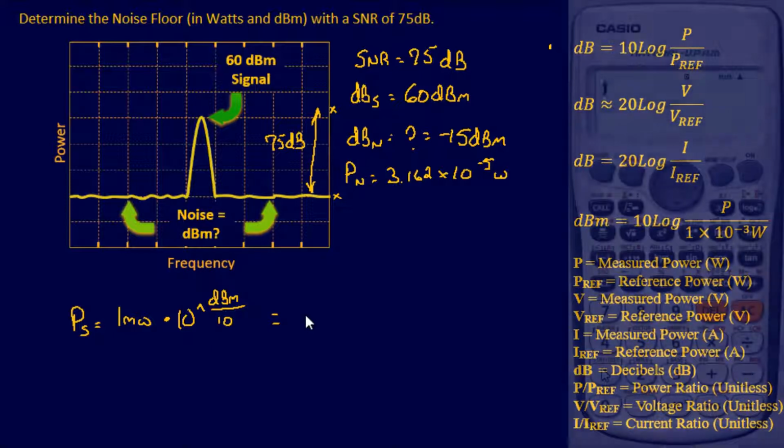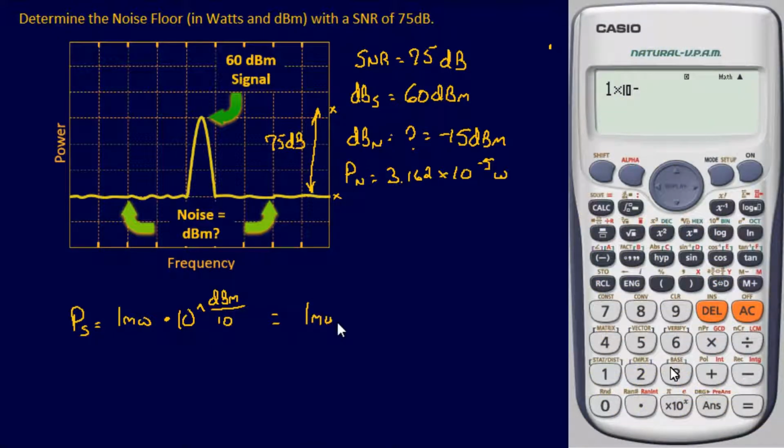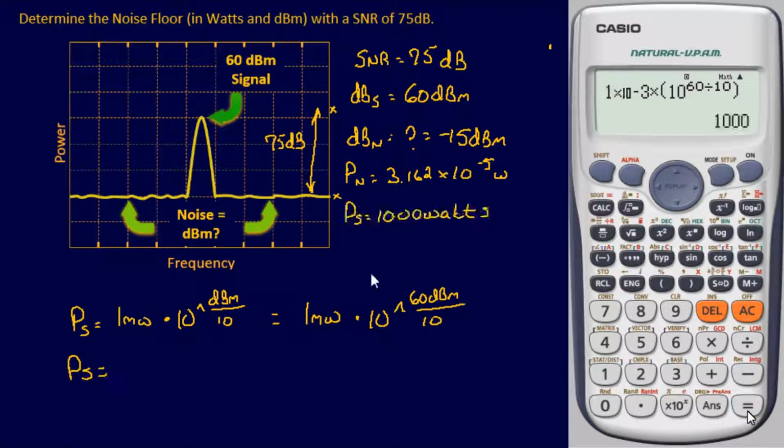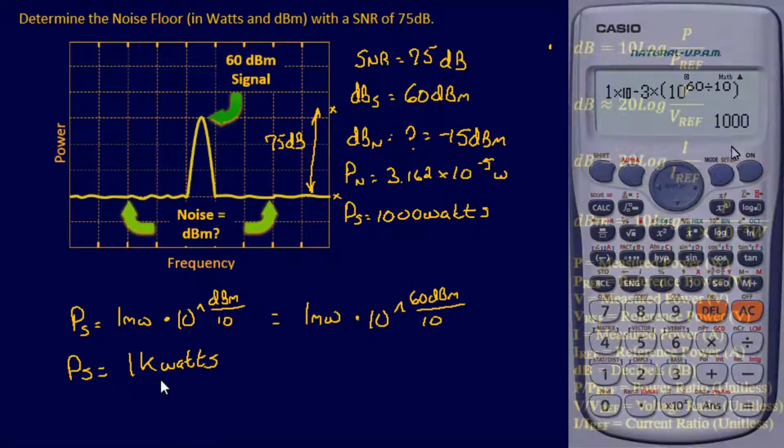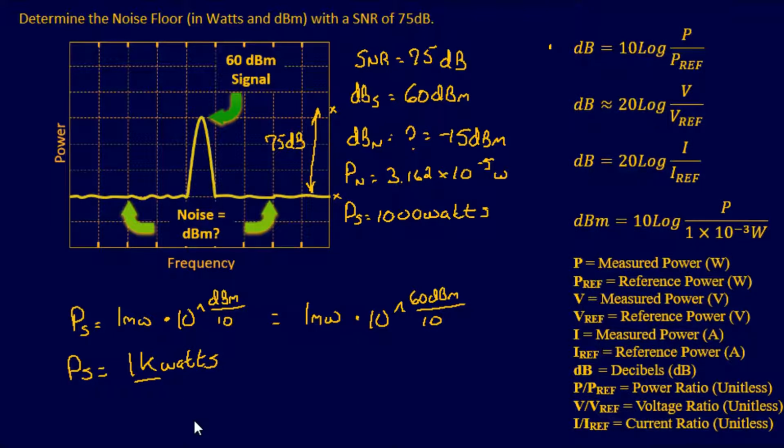So if I plug that over here, it's going to be 1 milliwatt times anti-log of 60 decibels divided by 10. And then plug and chug that one. It's going to give us an answer of, that way you can see what I did, 1 kilowatt. Let me go ahead and clean this up.